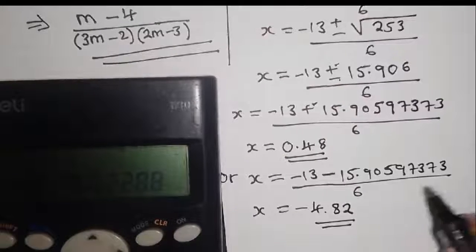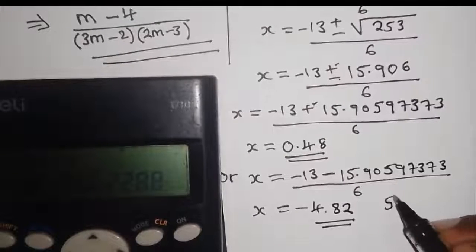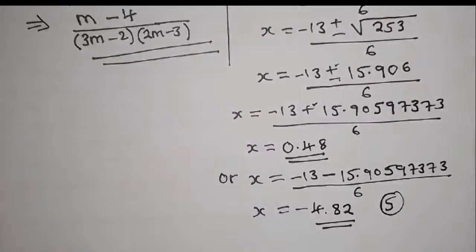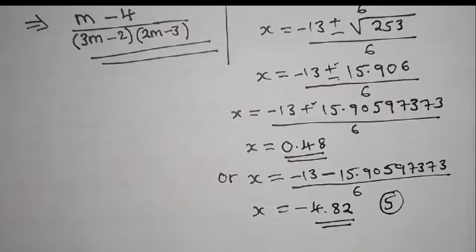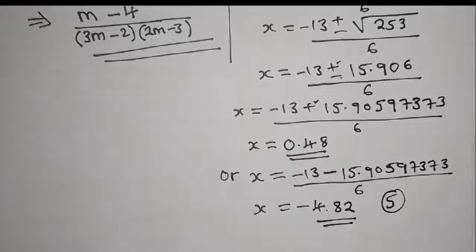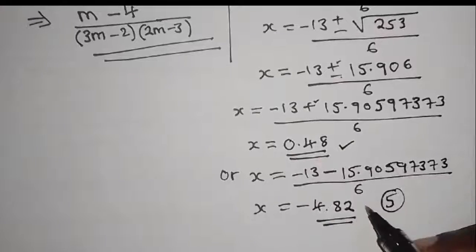And you are done. Once you just do that, you have gotten the entire 5 marks. Okay, so that is how you can go about answering this question on a quadratic equation. So these are the two values of x, okay?